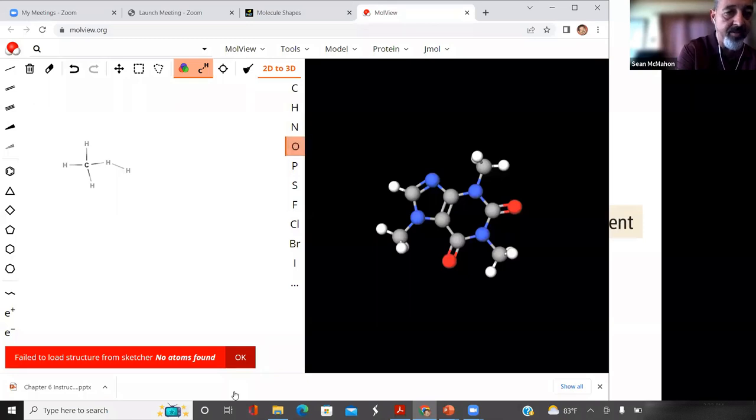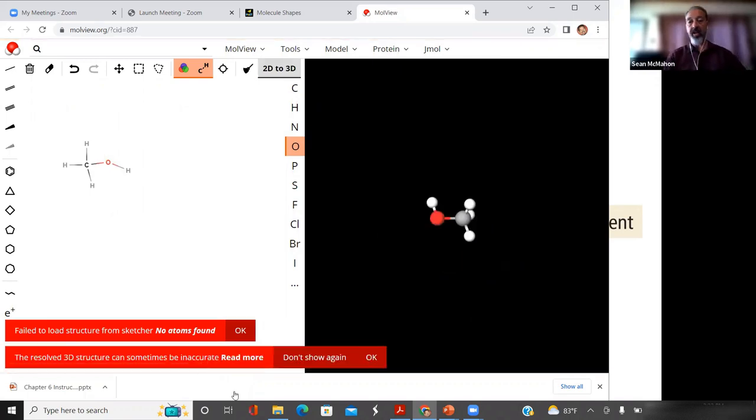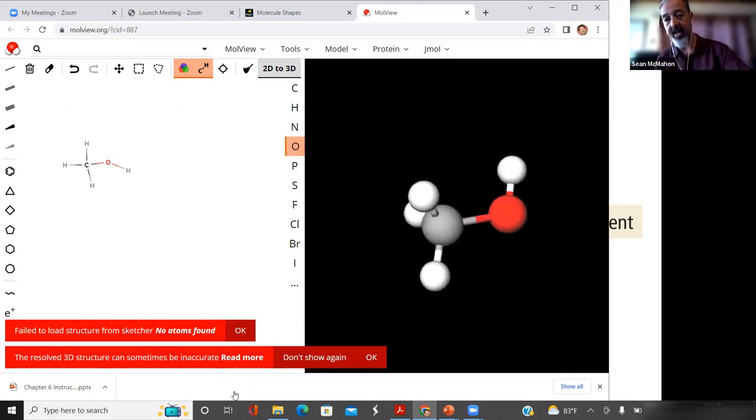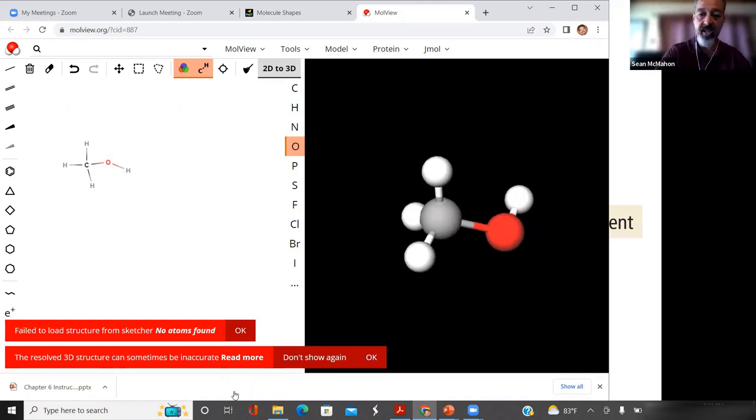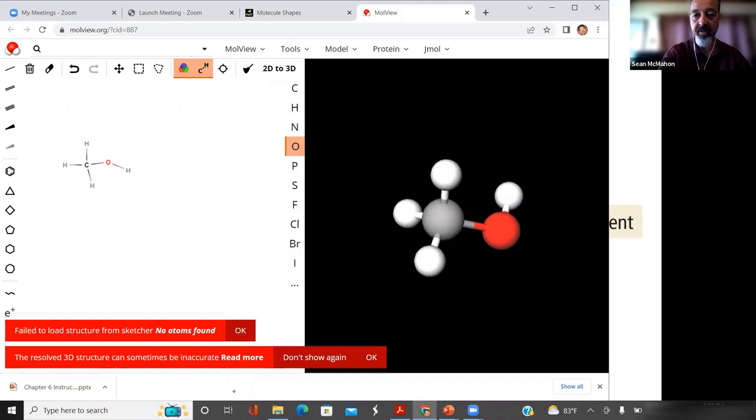Now, when I go to render this from 2D to 3D, what I can see right here is the tetrahedral arrangement in this carbon, and I have that bent shape.